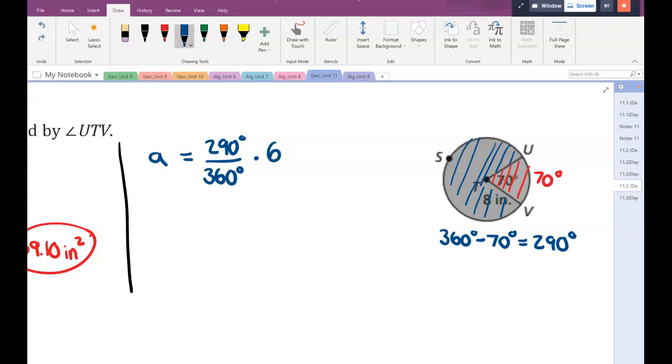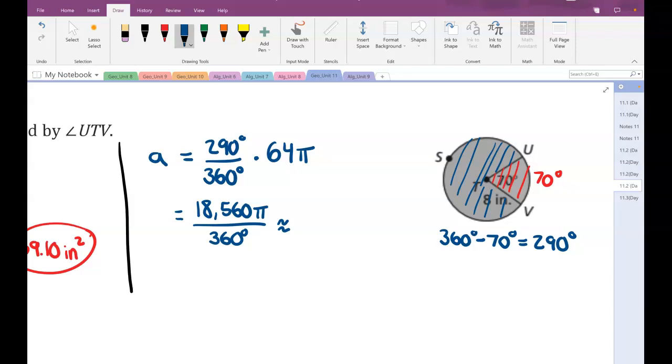I keep forgetting to write the pi. 64 pi. And we'll do the same thing. Multiply your top and your bottom. So if we multiply 290 times 64 pi, you get 18,560 pi divided by 360 degrees.